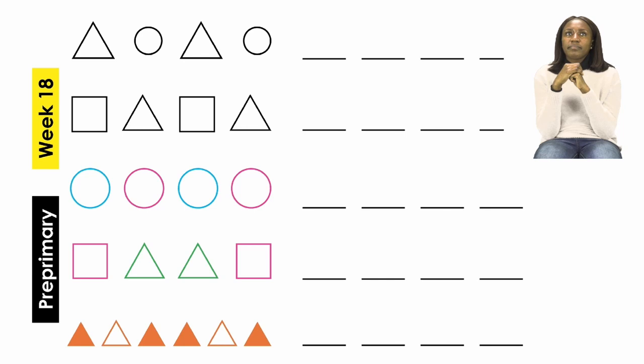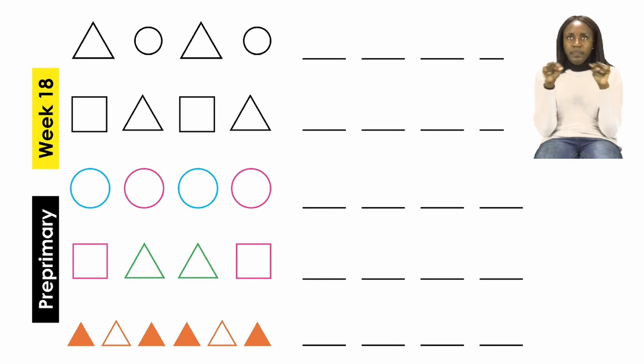So let's start again and see how this pattern goes. You have a square and a triangle. Then a square and a triangle. So in order to complete this pattern, you have to make another square.